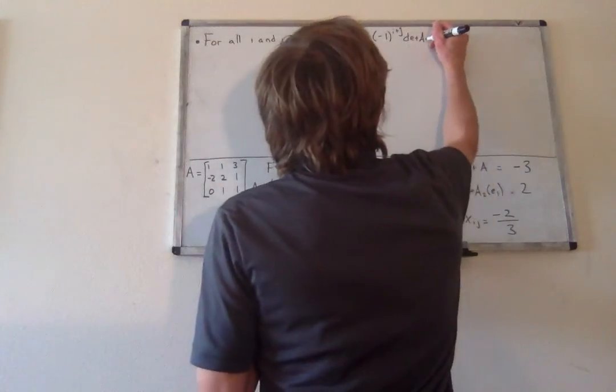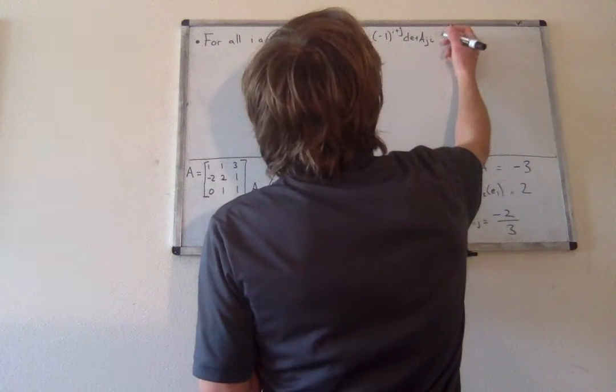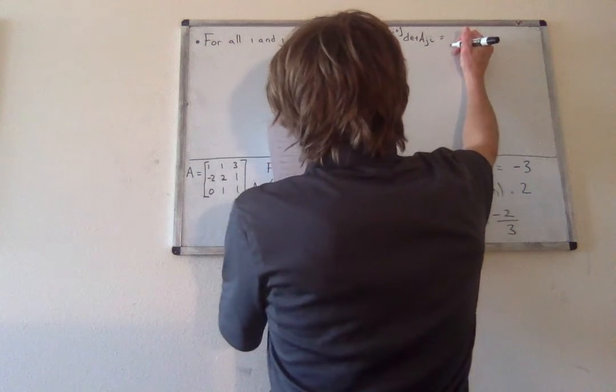So where I delete the jth row and ith column, which is just the cofactor c sub ji.